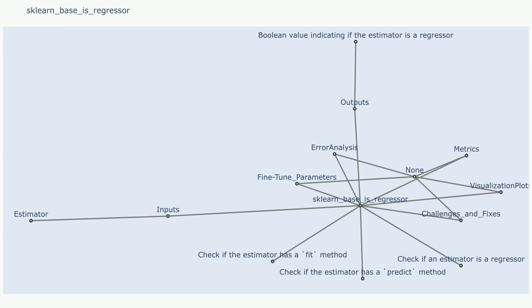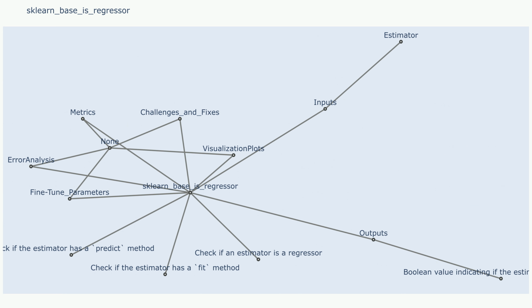Fixes to challenge 2: ensure that custom estimators are correctly defined with the _estimator_type attribute set appropriately to regressor for regression models. If the attribute is missing, it needs to be defined within the class definition.